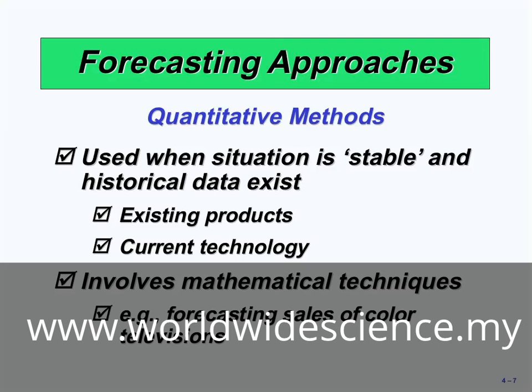In previous months, you sold, for example, 3,000 color television sets. 2 months ago, you sold 5,000. By using this historical data, you want to forecast the demand and sales for next month, 2 or 3 months later, for short range. Okay.